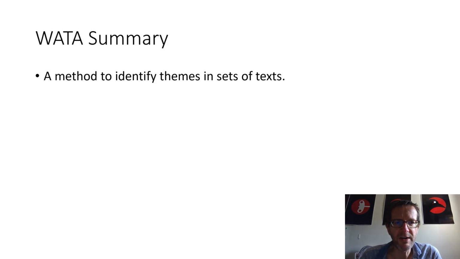Okay, so to summarize, word association thematic analysis is a systematic method to identify themes in sets of text.